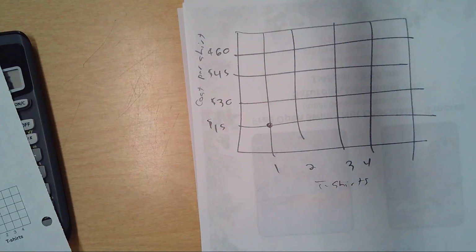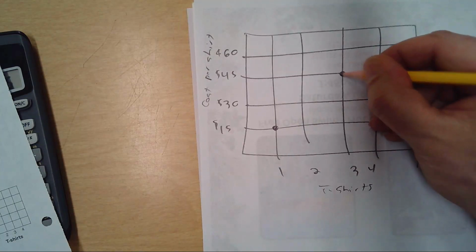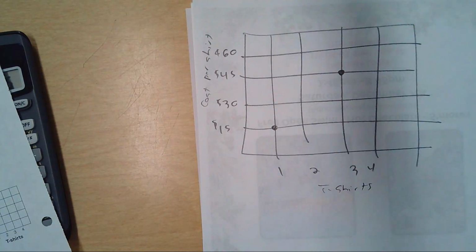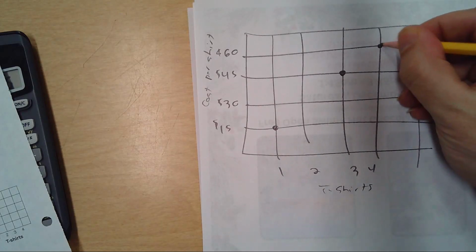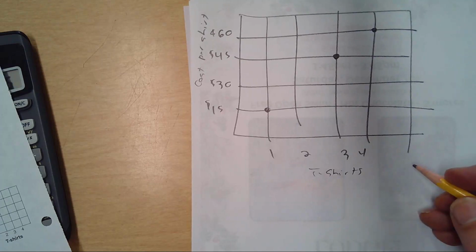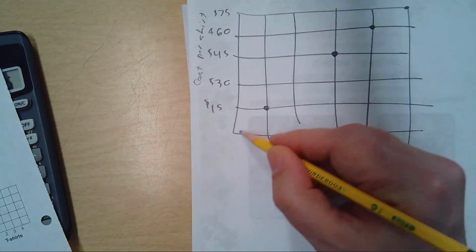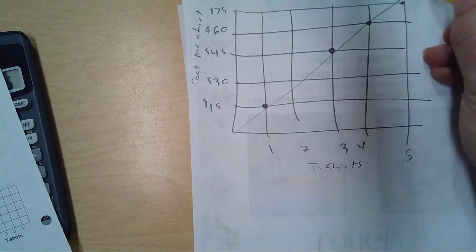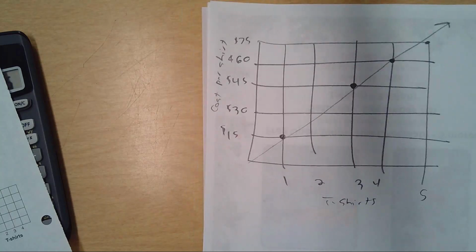Number 3, 3 t-shirts for $45. How much do you think 4 t-shirts would cost? Think it through. 60! Right. And this graph doesn't keep going, but what do you think would come next after 4? 75! And then 5 would be 75. If I did draw a line, and if this was perfectly perfect in its creation, the line would perfectly pass through.